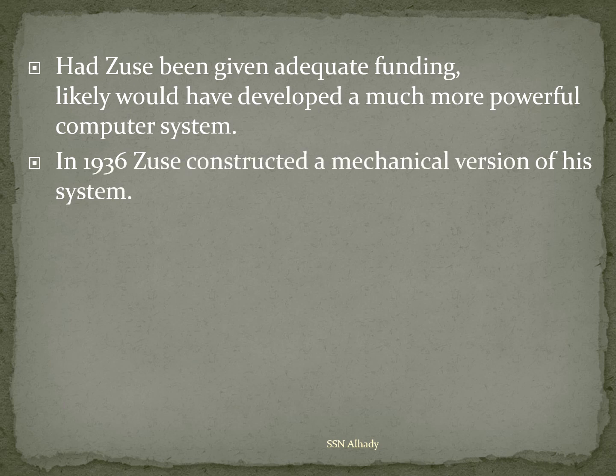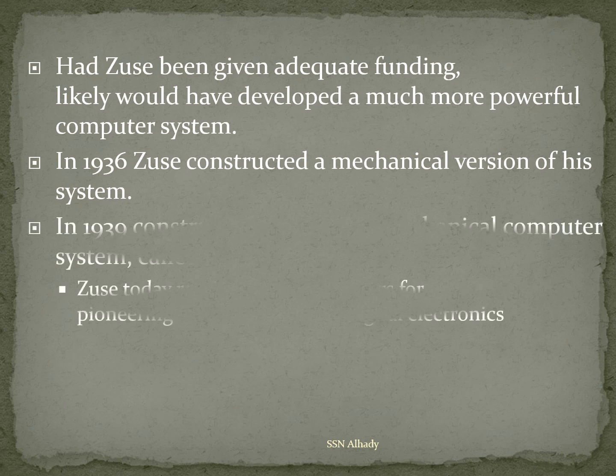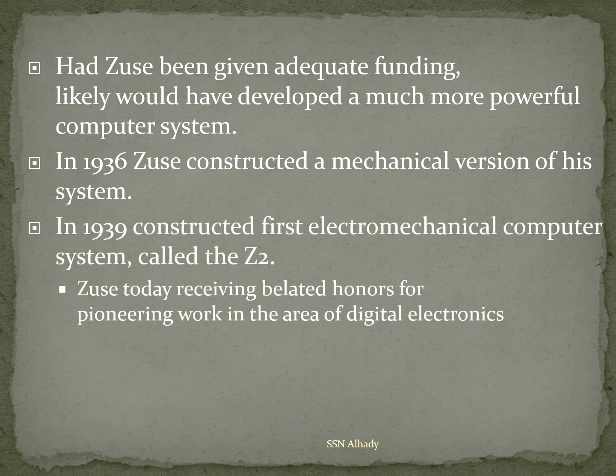In 1936, Zuse constructed a mechanical version of his system, and in 1939 constructed the first electromechanical computer system, called the Zuse Z2. And Zuse today is receiving a belated honor for his pioneering work in the area of digital electronics.